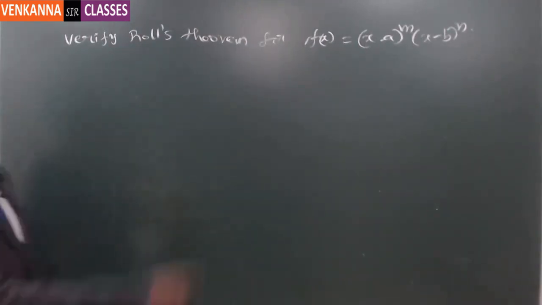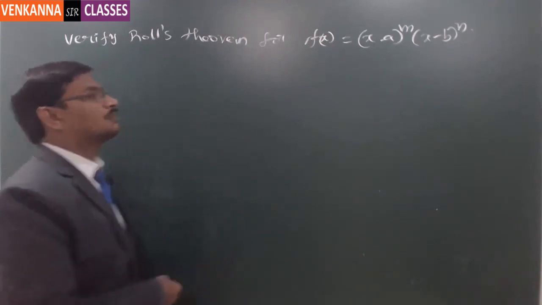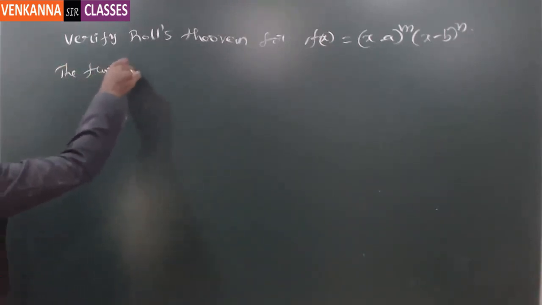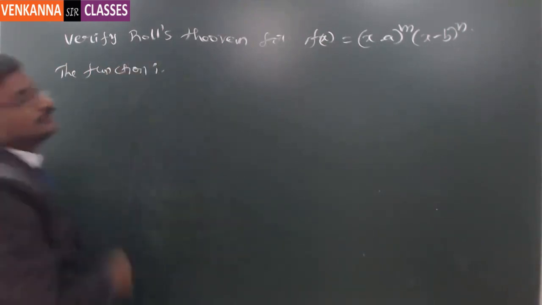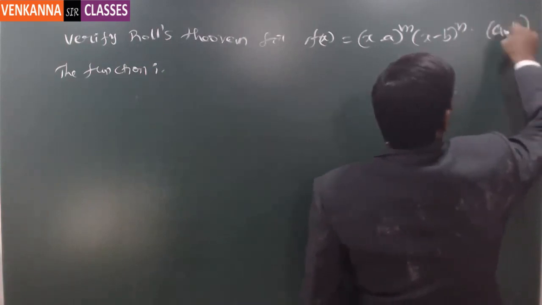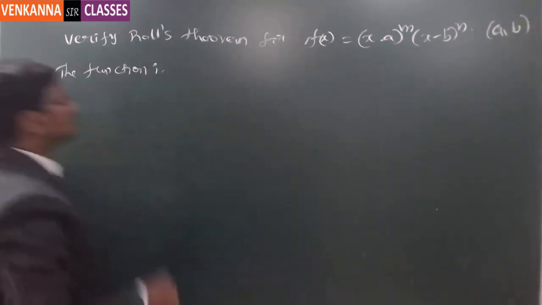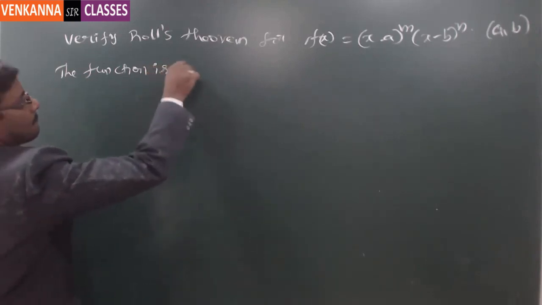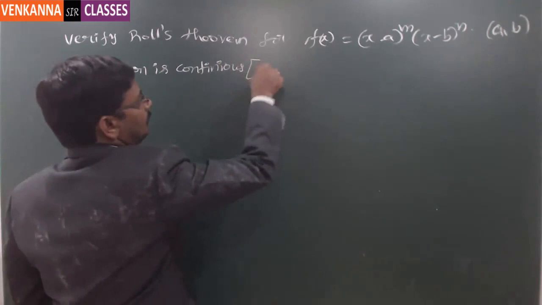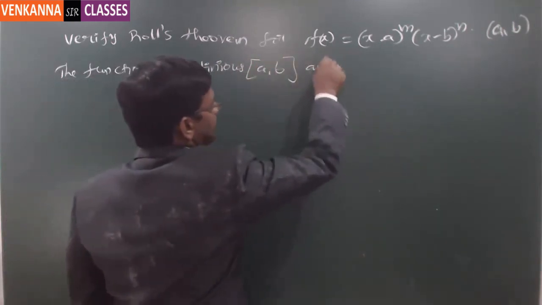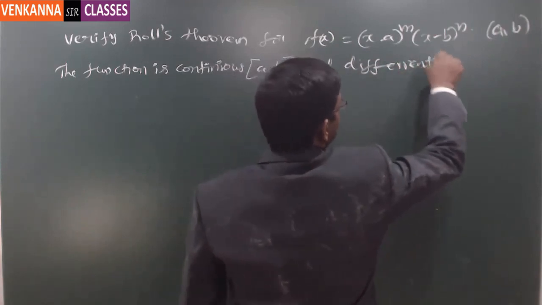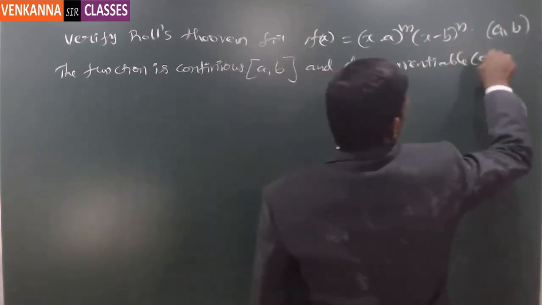Yeah, so this is a polynomial function, so the function is continuous. The verification is in between a comma b. The function is continuous between a comma b and differentiable between a comma b.